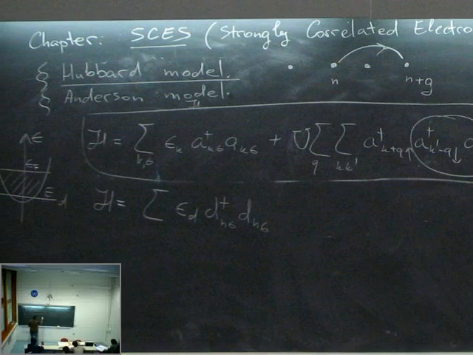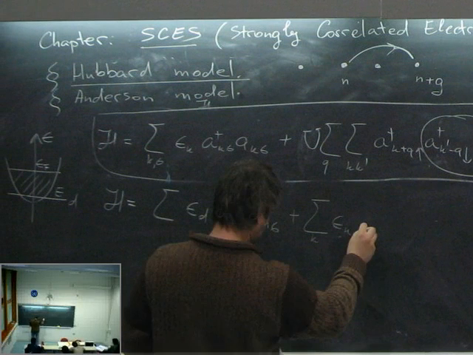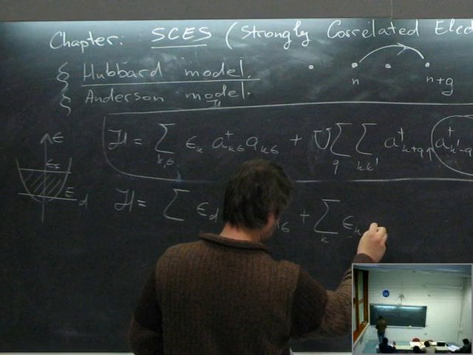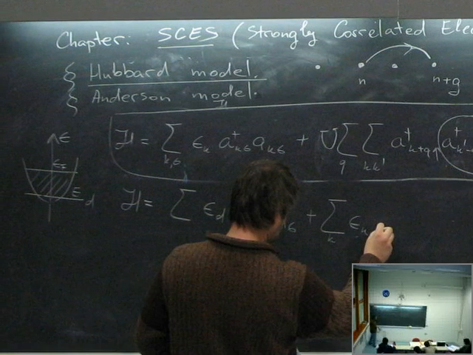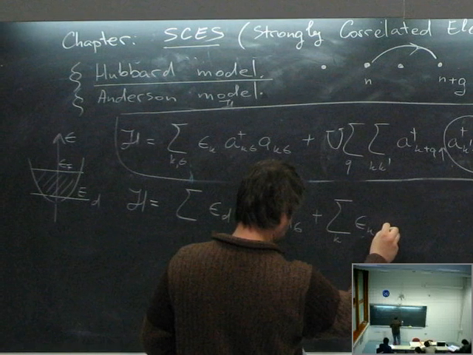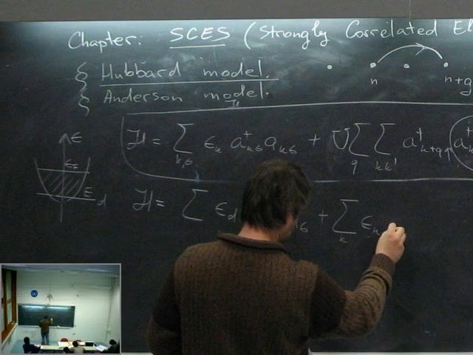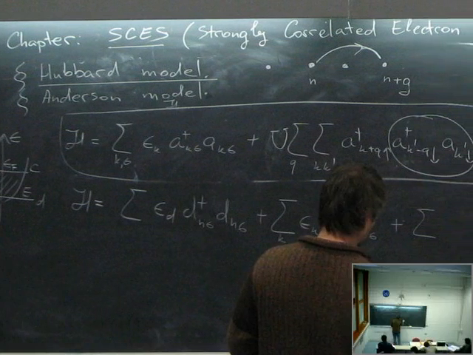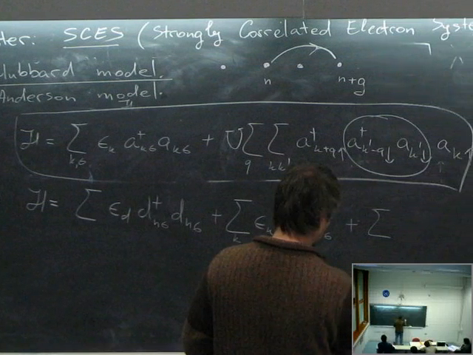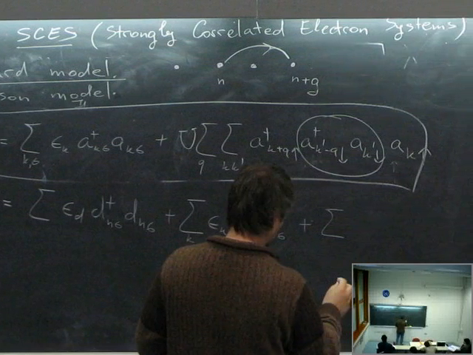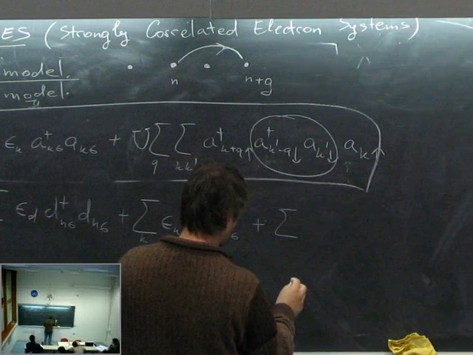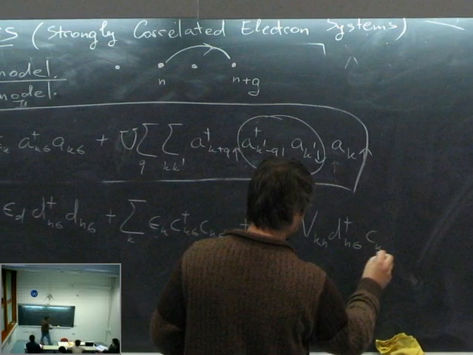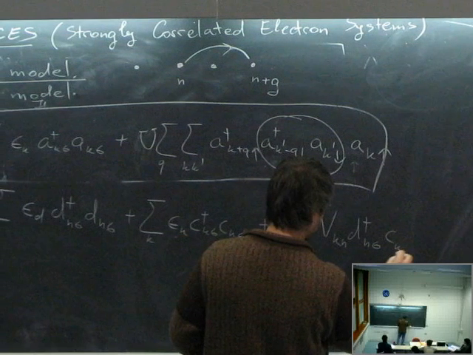Then, as I said, there are conduction electrons. So these are c electrons, conduction electrons, and let's write the possibility for sum over k and sigma, V_k d dagger sigma c_k sigma, plus complex conjugate.